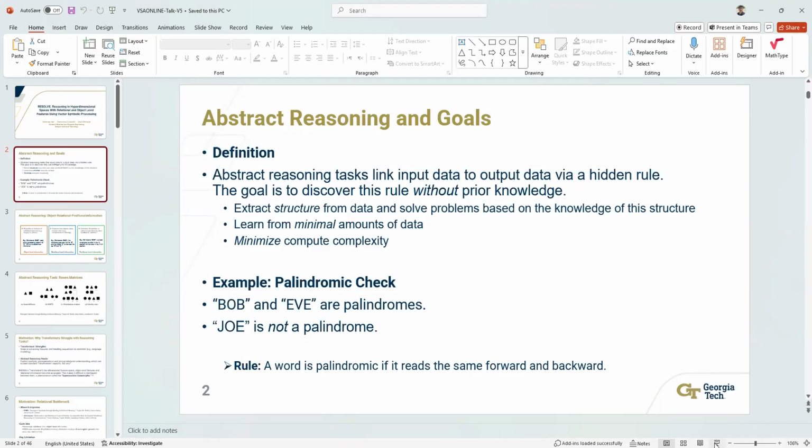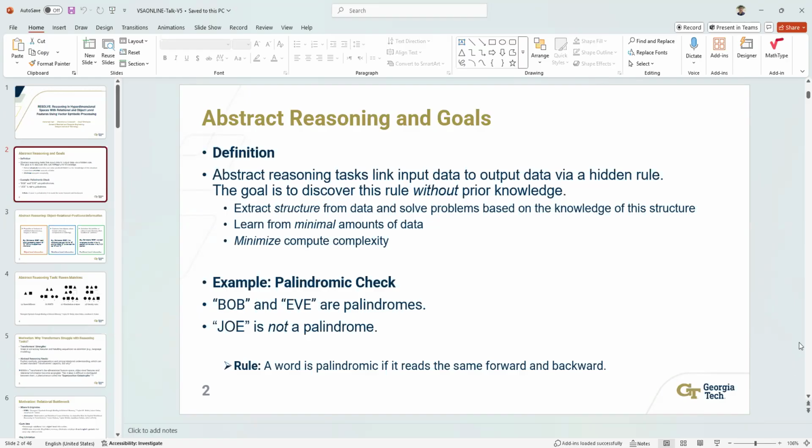What I mean by that is going to become clear as I give you some examples. There is input data and output data, and there's some structural information in the input data that you need to abstract by just studying the data. Effectively, the structure defines specific problems that you're trying to solve.